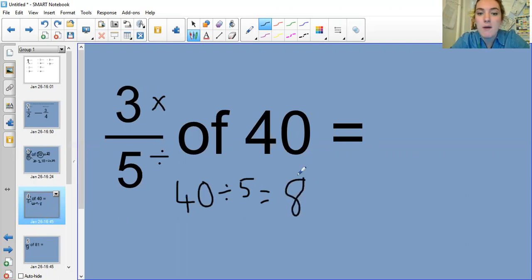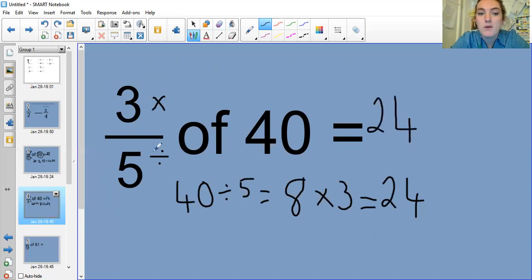Now we need to times by the top. 8 times 3, because 3 is our numerator and the number on the top. And if I use my 8 times table or my 3 times table, I would know that the answer is 24. So 3/5 of 40 is 24 because I've divided our whole number 40 by the bottom, times by the top.